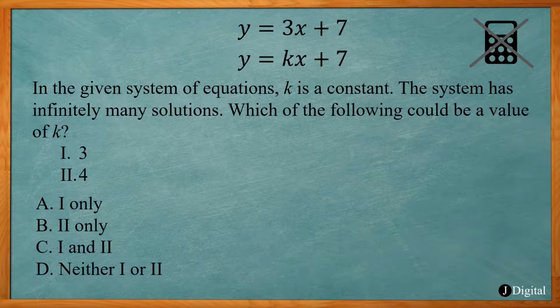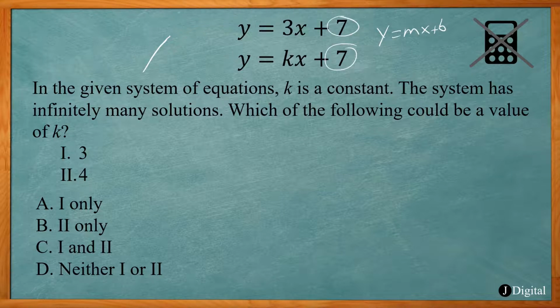In this example, it says in a given system of equations, k is a constant. The system has infinitely many solutions. Which of the following could be a value of k? Remember, infinite solutions means the same line, and also the same y-intercept. Here we're already in the y equals mx plus b form, where b is your y-intercept, and they're both 7.